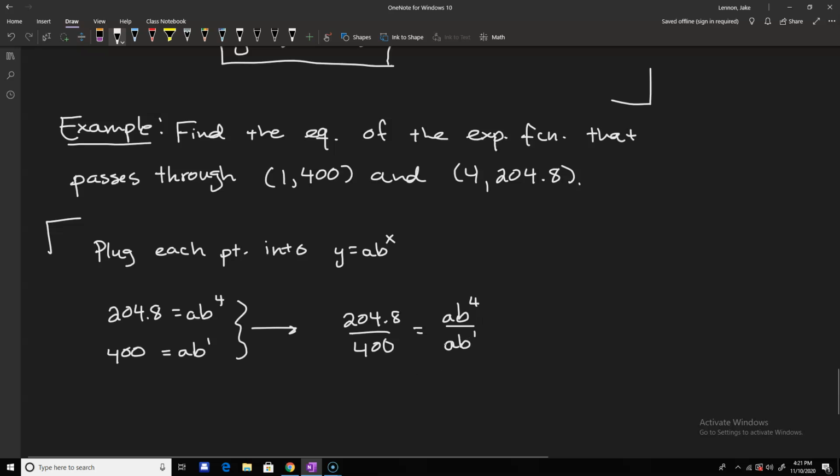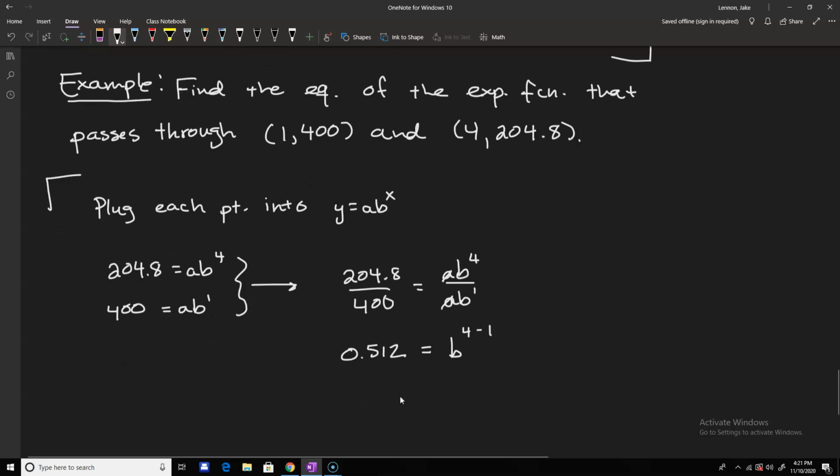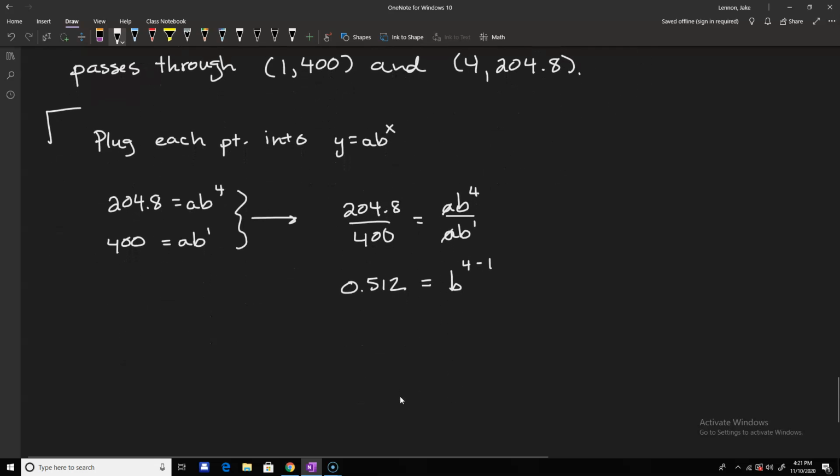And then look what happens. My a cancels out, so I'm just left with b to the 4 minus 1, which is b cubed, subtracting the exponents, and I just have one equation now with one unknown.